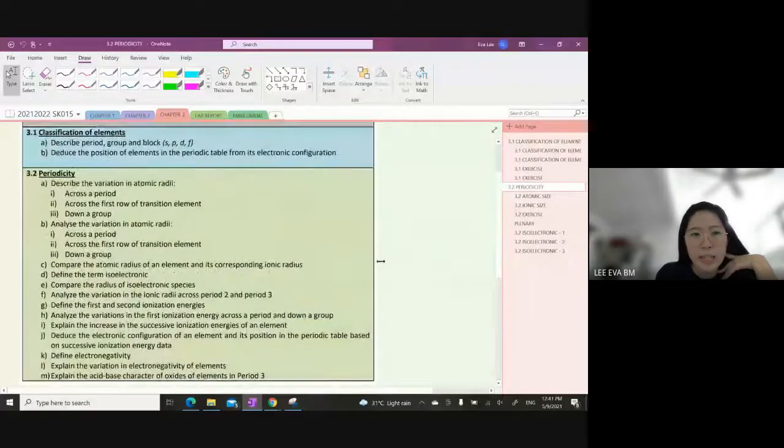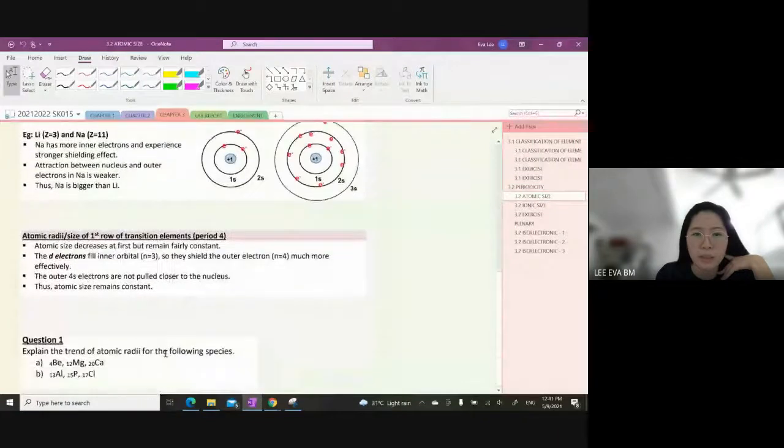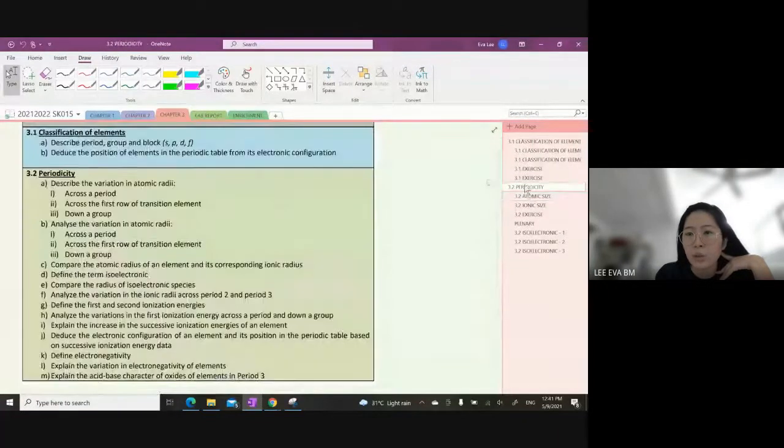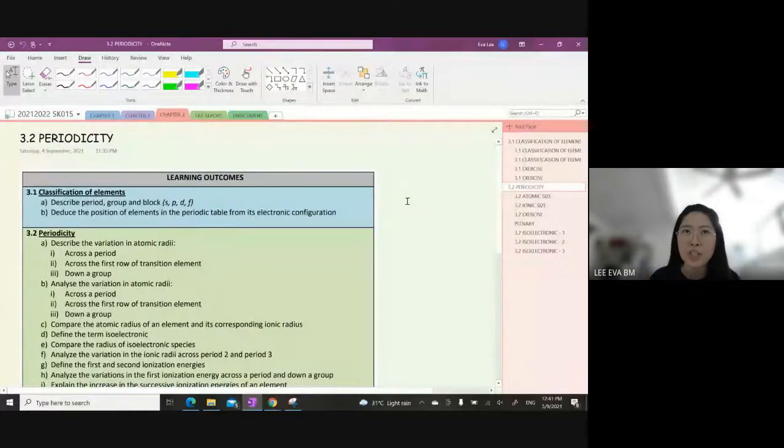Okay, we can touch a little bit of chapter 3.2 as a preparation for our Tuesday class. For today's Tuesday class, later Madam will enter about some explanation. So topic 3.2 is more towards explanation and description, and most towards the theory.